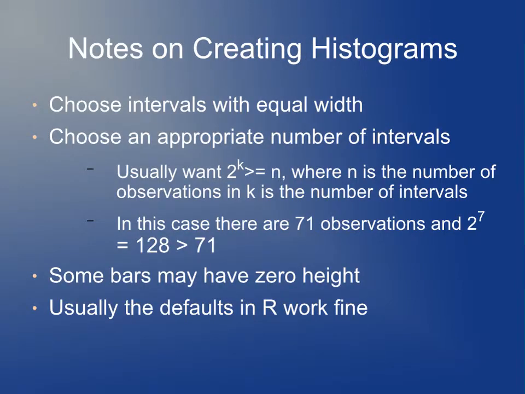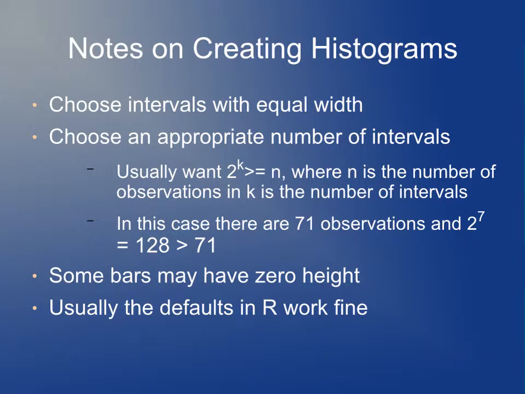To create a histogram, typically R will do this for you, so you don't need to worry about it too much, but to give an accurate representation of the data, your bins need to have equal width, and you want to choose an appropriate number of bins. You want enough bins such that you can see the shape of the data, but not so many bins that you just have 500 bars of height 1.